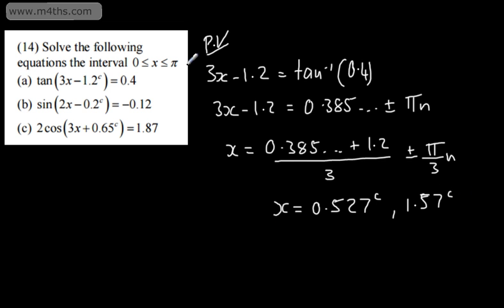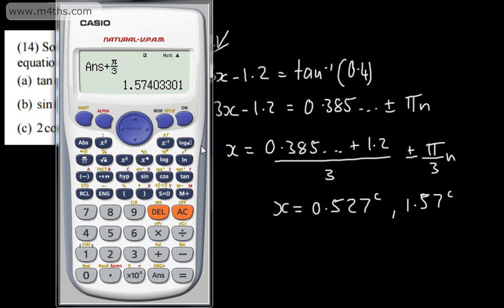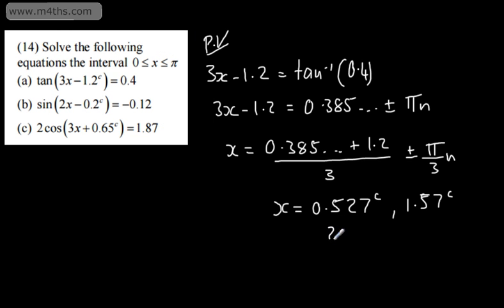Now we're interested in this between 0 and pi. So if I consider now 0 to pi, let's go ahead and add another pi by 3. So add pi by 3, that is going to give me now 2.62 radians, that's what I'm going to write.